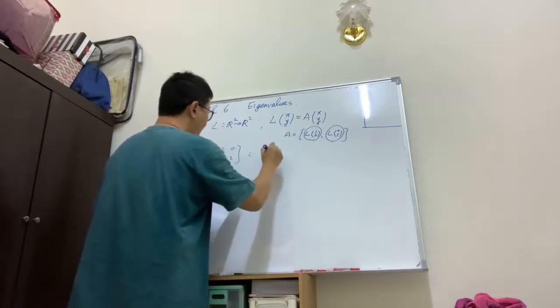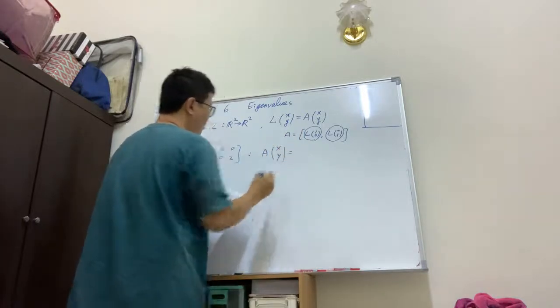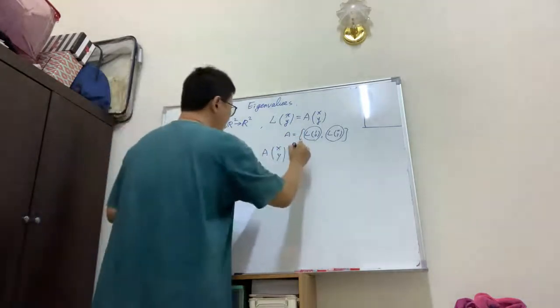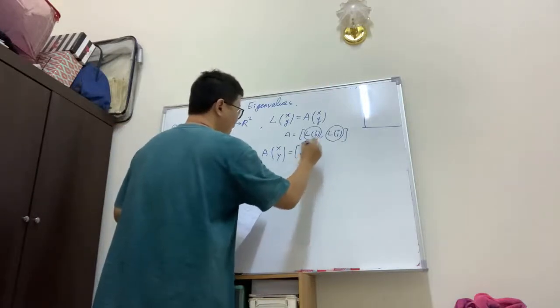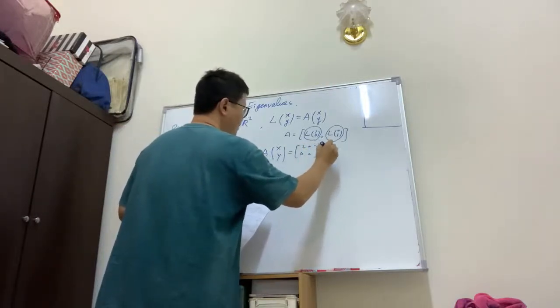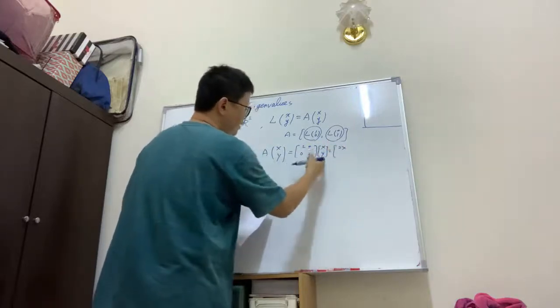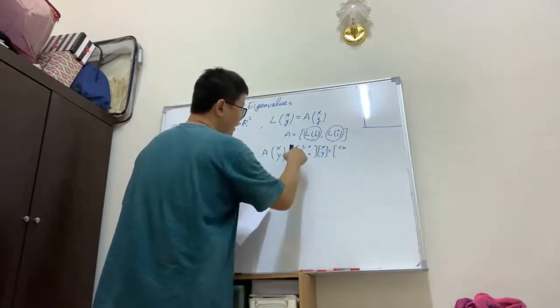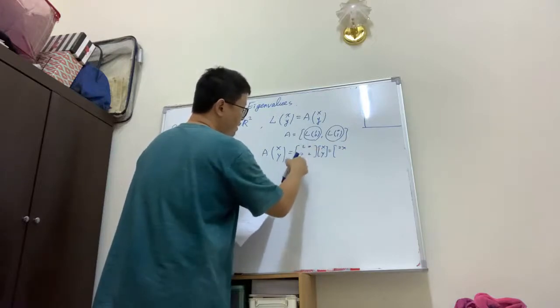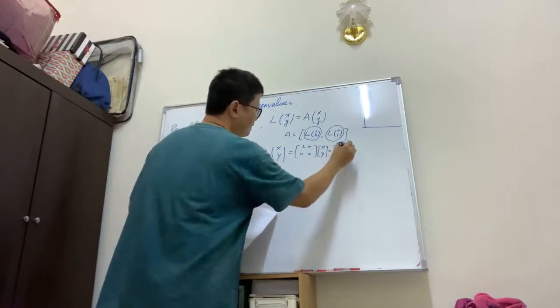Then what is the product A times (x, y)? It is the matrix 2, 0, 0, 2 multiplied by (x, y). The first entry is 2x plus 0 times y, so it's 2x. The second is 0 times x plus 2y, so it's 2y.